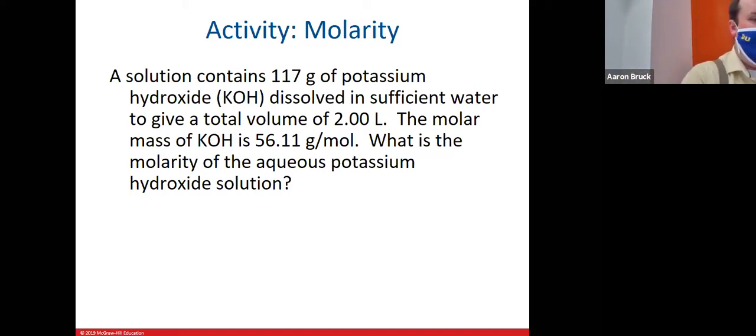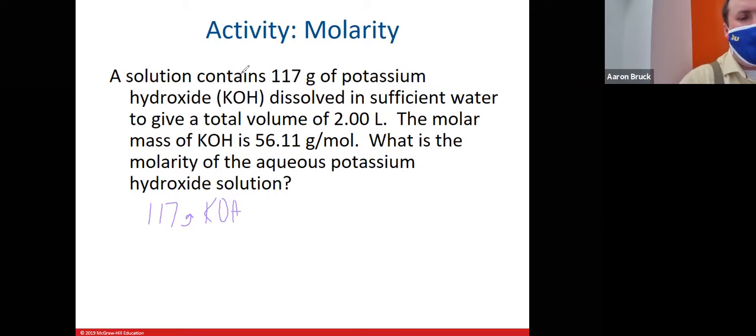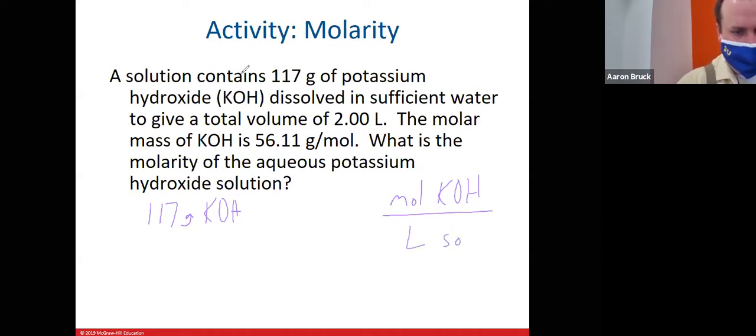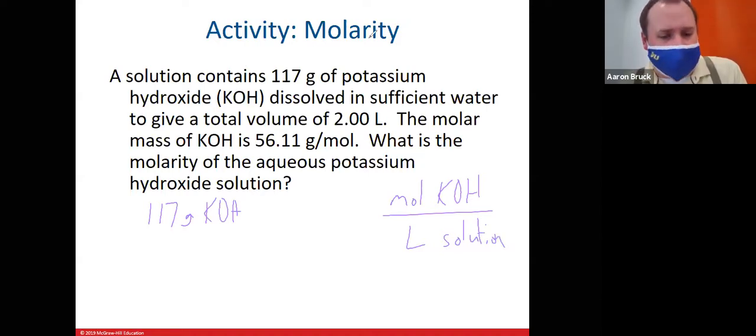So I've got 117 grams of KOH. What I need is moles of KOH divided by liters of solution. That's going to get me to my molarity.